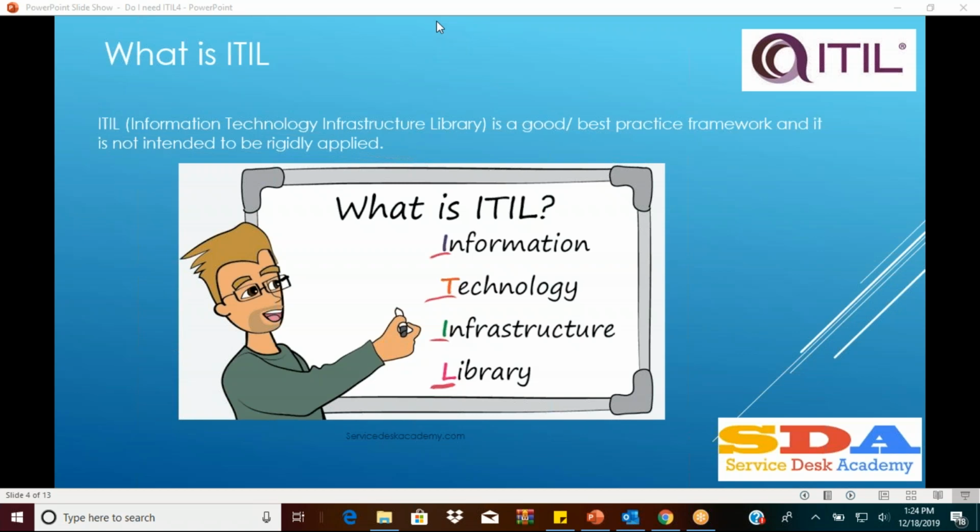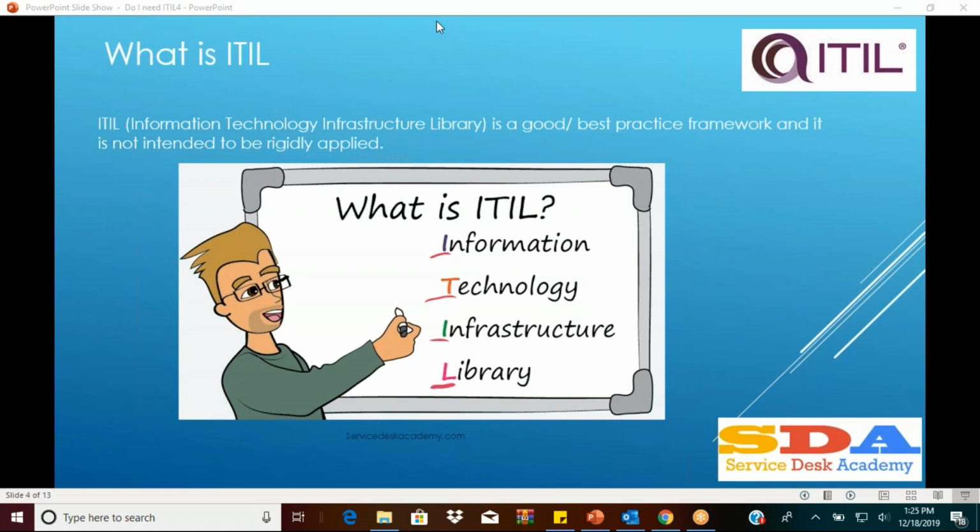So why are we talking only about ITIL? The reason is ITIL is a best practice framework which was introduced in the 1980s, and from the 1980s to 2019, it has been a pioneer and a leader for managing IT services.